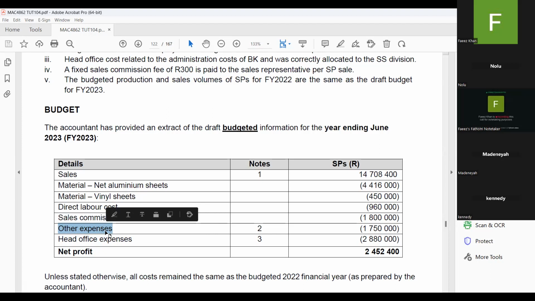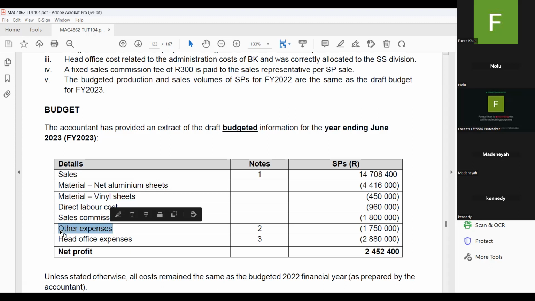So vinyl ink is used for the vinyl sheets. The vinyl sheets is a material cost. So the ink for the sheets is required for production. So therefore, the vinyl ink included in this cost needed to be included on the cost card, which the accountant omitted.